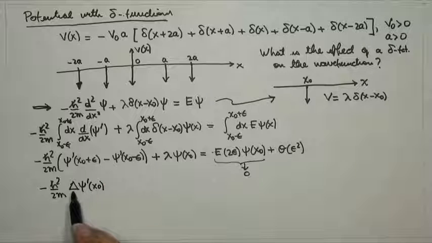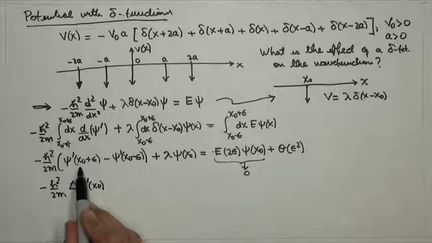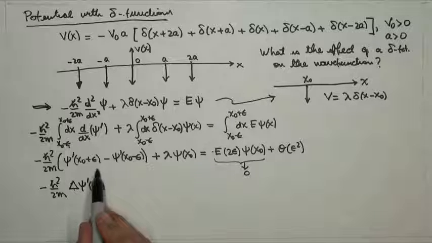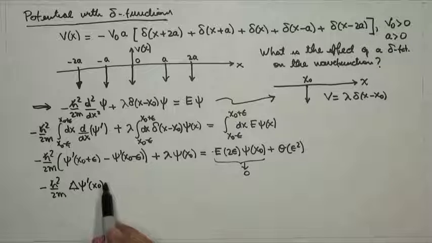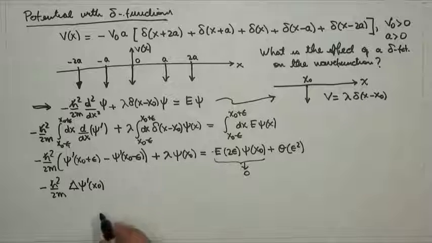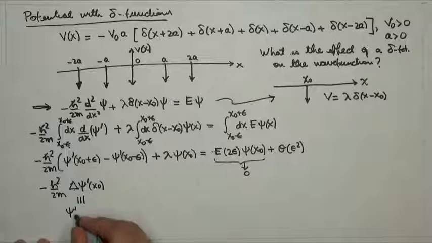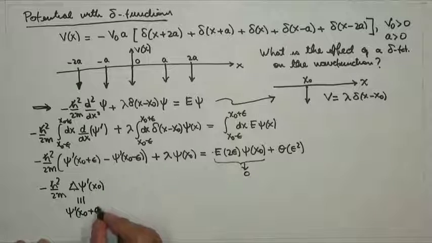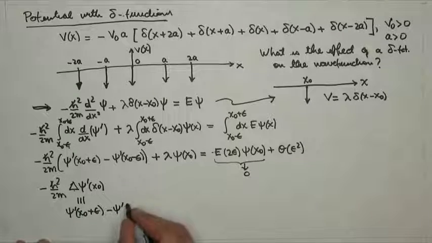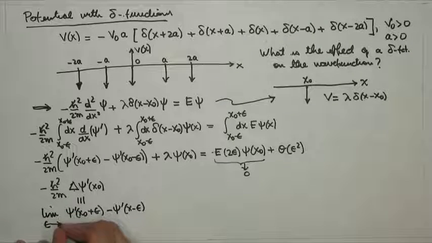So that's the discontinuity of psi prime at x0. You see, psi is continuous, but psi prime, the slope, cannot be continuous once you have a delta function. In fact, that's what we're going to show right now. Here you have the change of the slope at x0. This is defined to be psi prime at x0 plus epsilon minus psi prime at x0 minus epsilon, in the limit as epsilon goes to 0. So that's the definition.